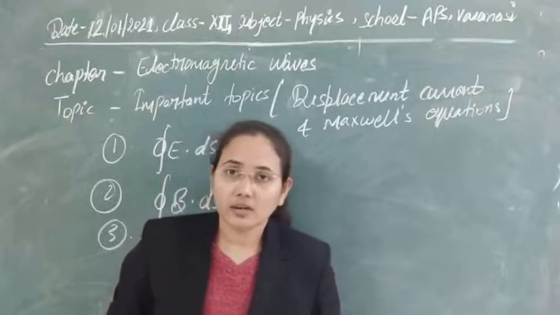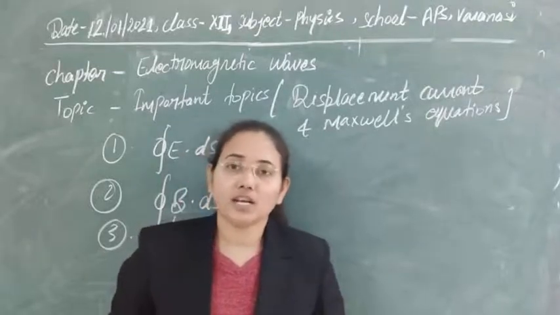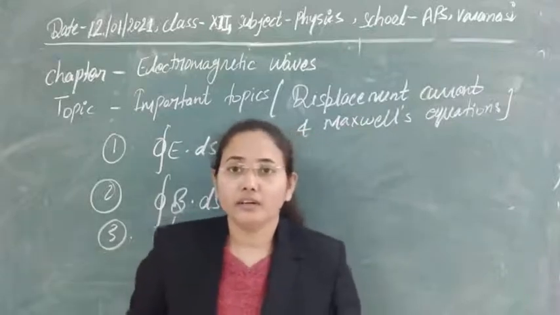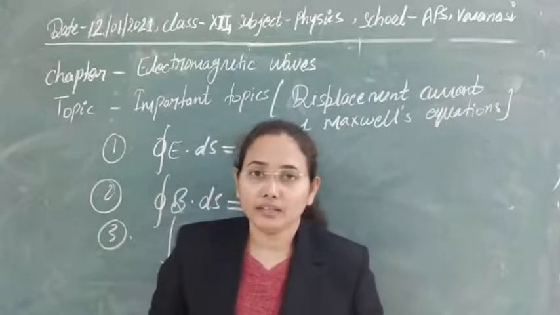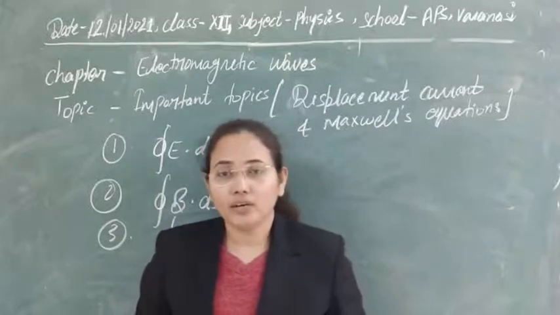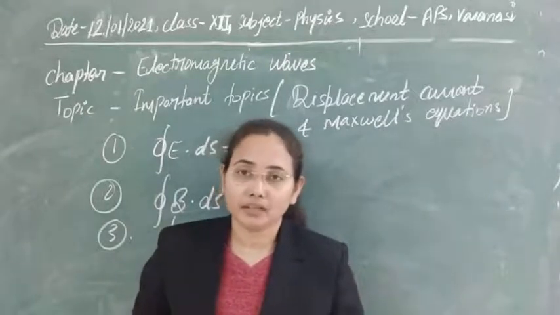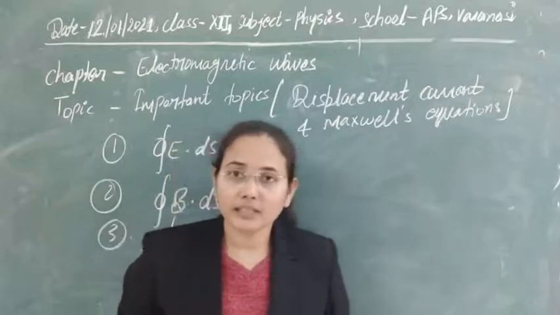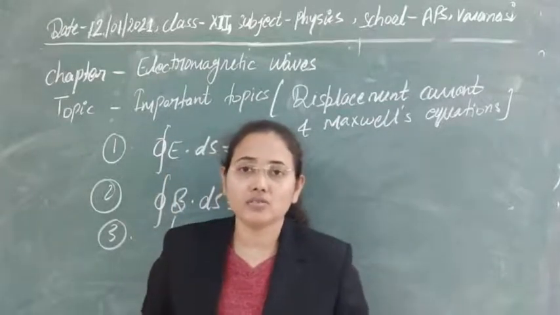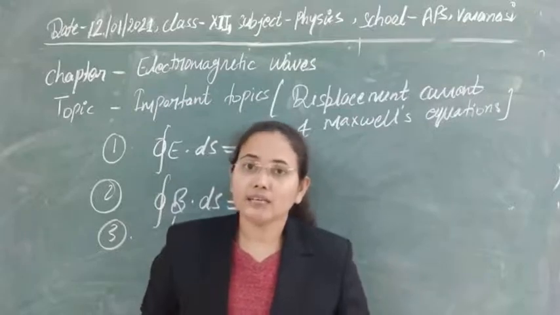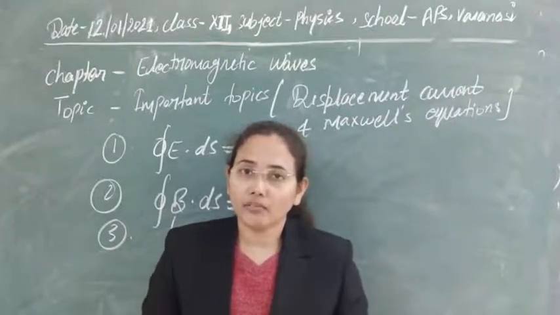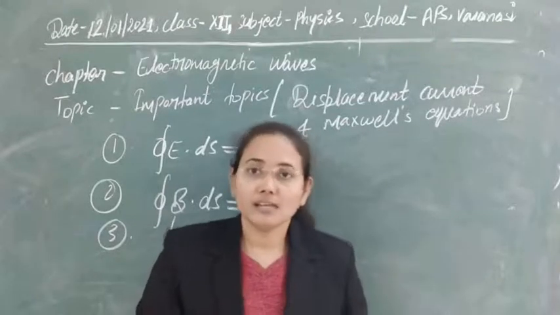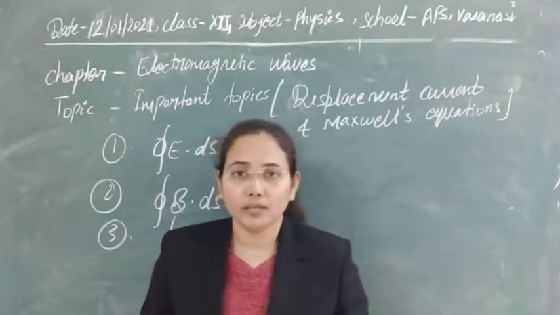Like in the case of electrostatics, whenever a charge is at rest and you want to calculate the electric field or electric potential at any point, you can calculate it easily by the application of Gauss law. There the electric field is uniform, that is constant, so we can easily draw a Gaussian surface on which the charges are distributed uniformly.